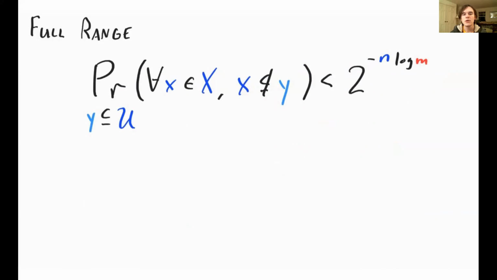And so we know that if you pick a random set over the universe [m]×[n], the probability that none of our sets X is contained in this random set is at most the epsilon we picked, 2 to the minus n log m.